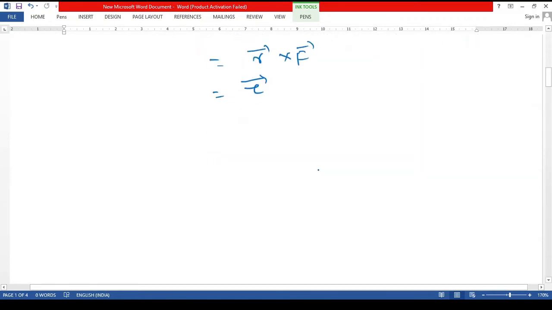If torque tau is equal to 0, then dL by dt will be equal to 0, so L is constant. When the torque is 0, dL by dt is equal to 0, that means L is constant.